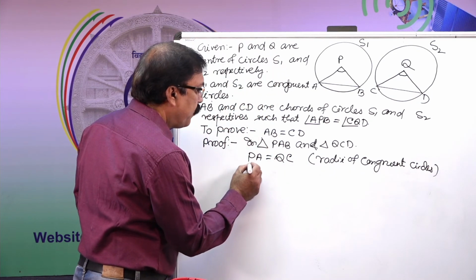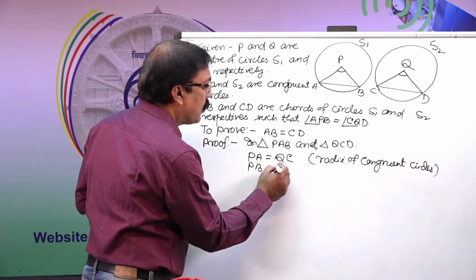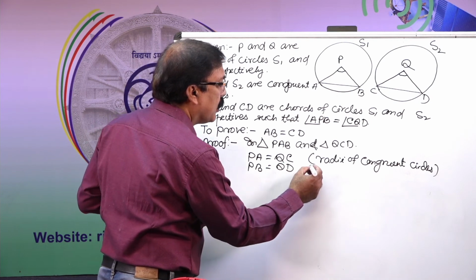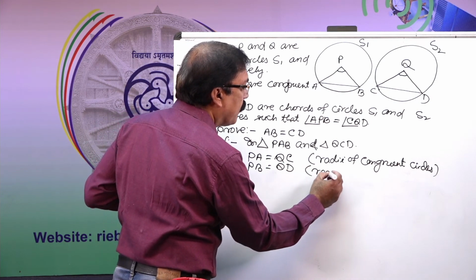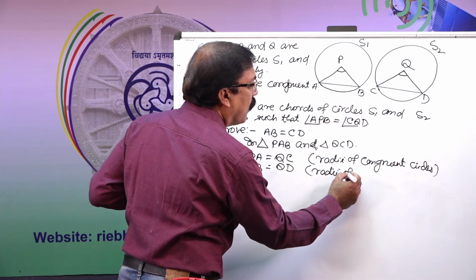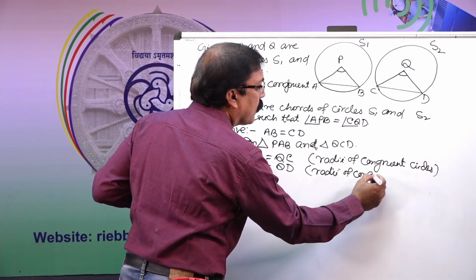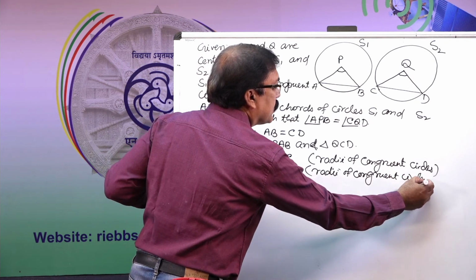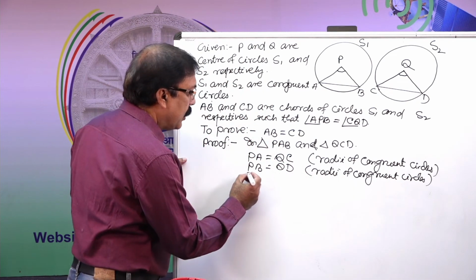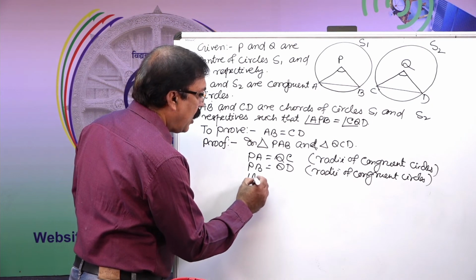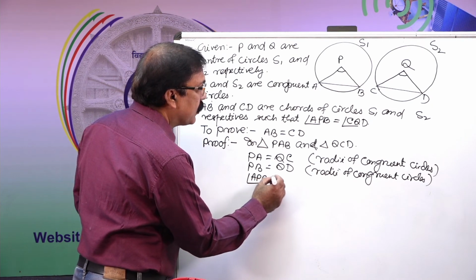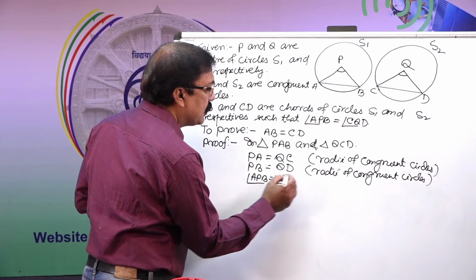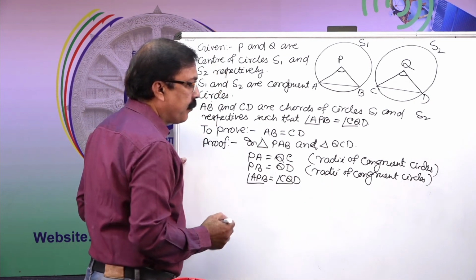Similarly, PB is equal to QD, the reason is the same, radii of congruent circles, and the angle APB is equal to angle CQD.